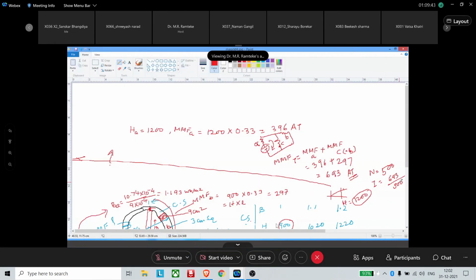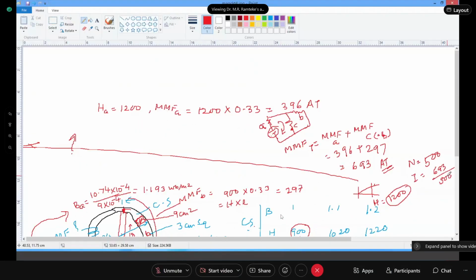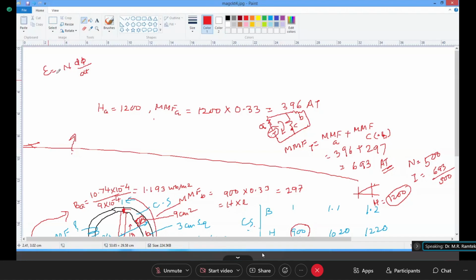See, I'll just go up. Anyway, at least in the 12th you studied that EMF is N d phi by dt. As per Faraday's law of electromagnetic induction, E is N d phi by dt.